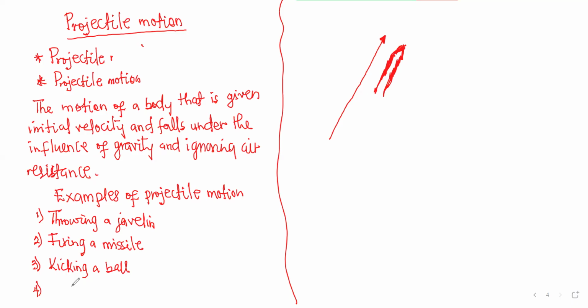Golfing, cricketing, even hockey, because in all these instances, it applies. Snooker, even table tennis and lawn tennis all fall under projectile motion.